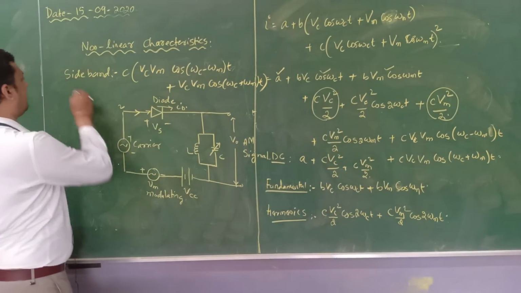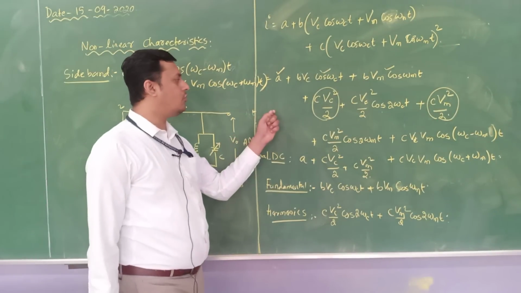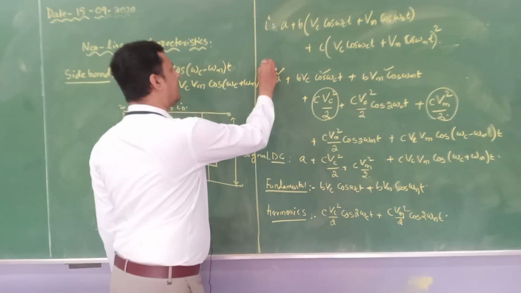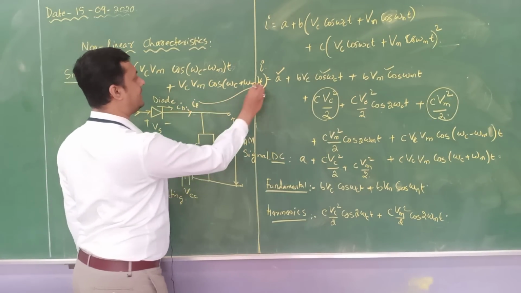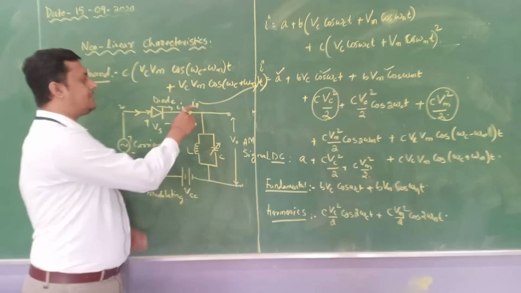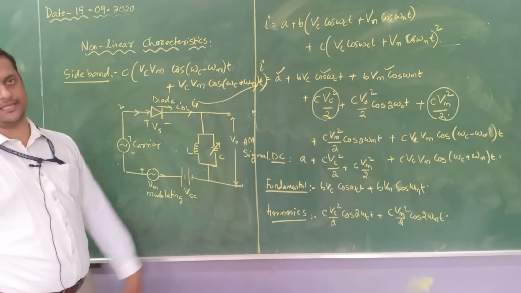So these are the parts available in the output of this diode. This is ID. Okay. Now this output current needs to be filtered to generate an AM signal.